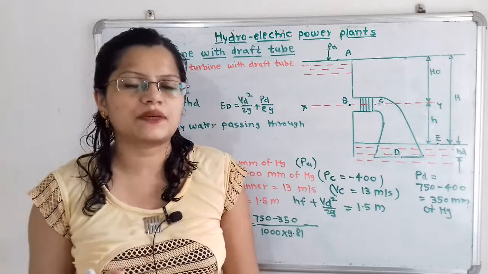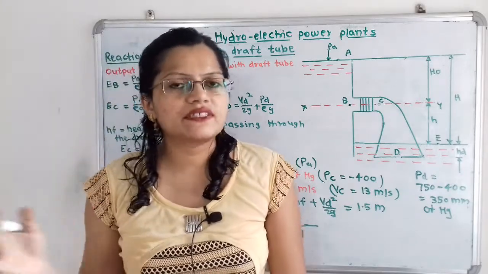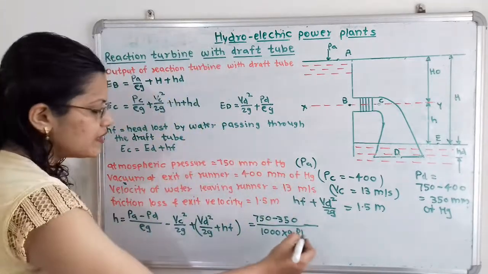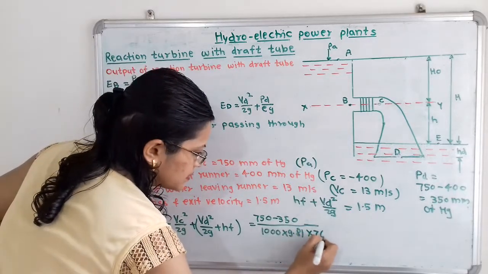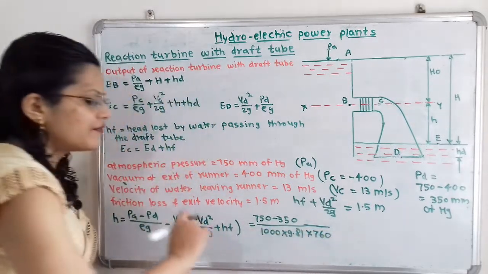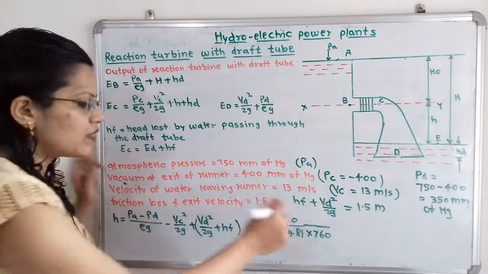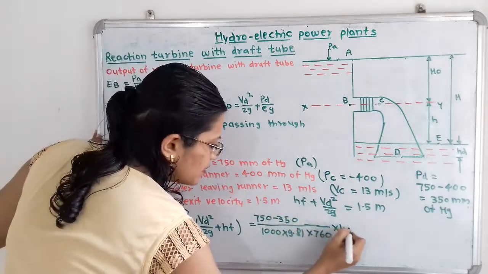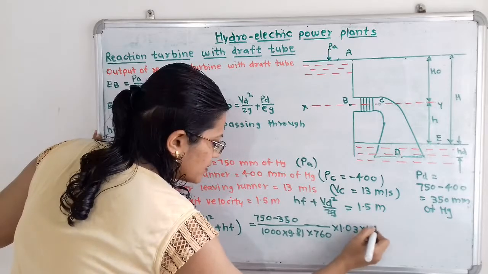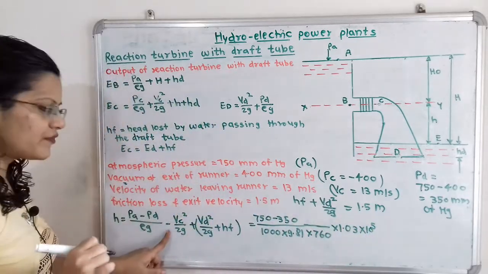One atmospheric pressure is equal to 760 millimeter of Hg, so we divide by 760, and we also convert the atmospheric pressure into pascal, that is 1.03 into 10 raised to 5.